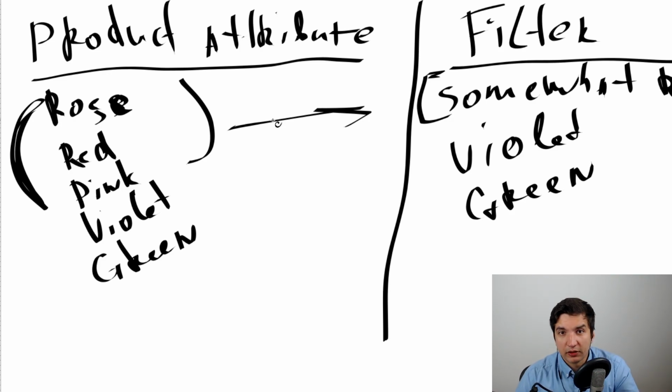But a product attribute can be a filter. And I was doing it before in Magento one, building an extension where you would be able to have a product attribute called rose, red, and pink, like colors, so that you can create attribute groups.